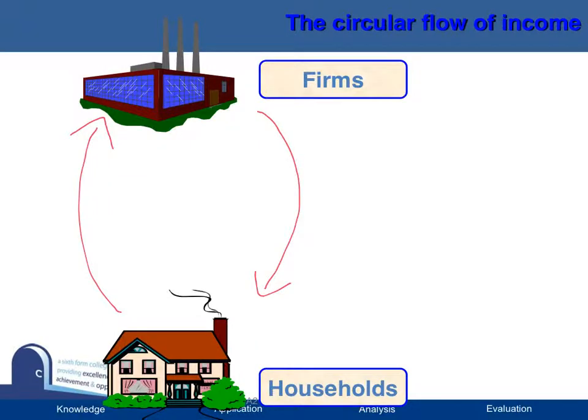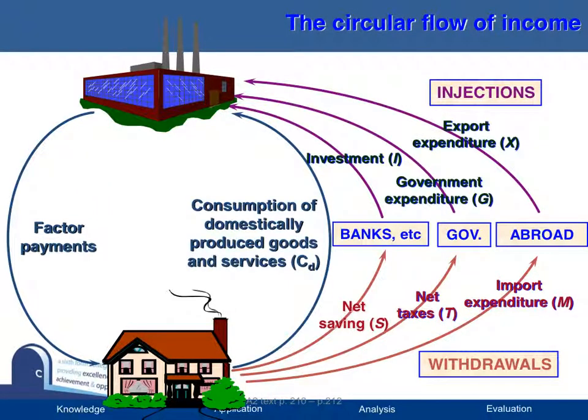So our next stage is to look at the other elements that make up the circular flow of income in an economy, which is consumer spending, business investment, government expenditure, which is quite a significant element in the UK, and then spending on exports by foreign businesses and consumers.